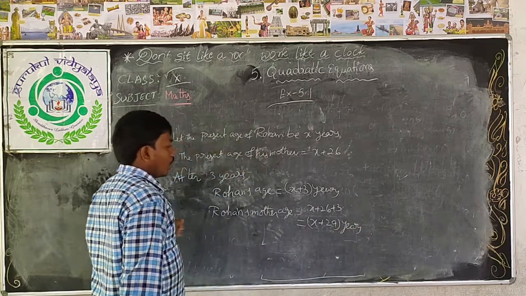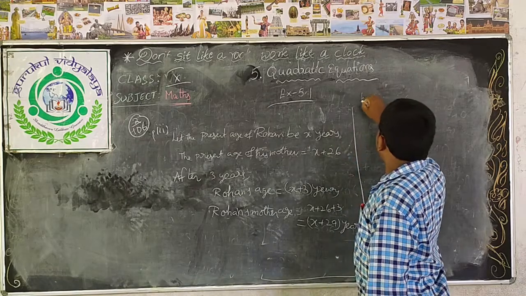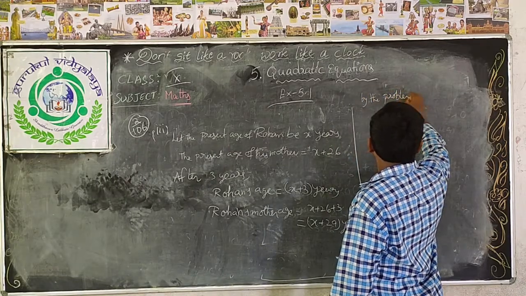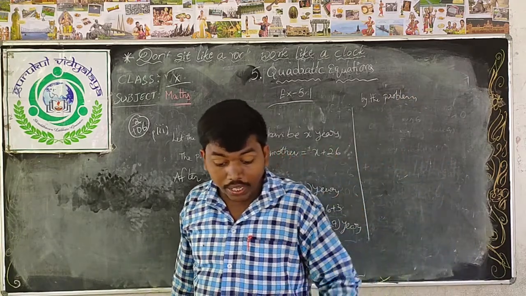So by the statement of the problem, after 3 years the product of their ages is 360. Product means multiplication.